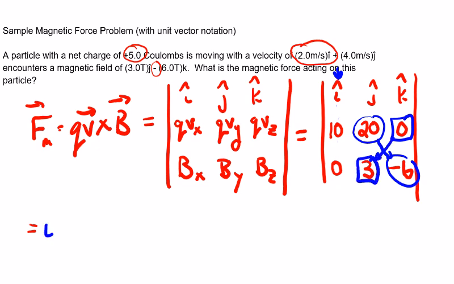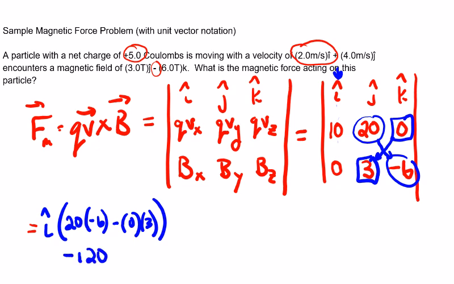So in the I direction, it's going to be 20 times negative 6 minus 0 times 3. That's really easy. That's going to end up being negative 120. Technically, this is where I put my units, so I'm going to put newtons on here in the I direction. Okay? So let's move on.